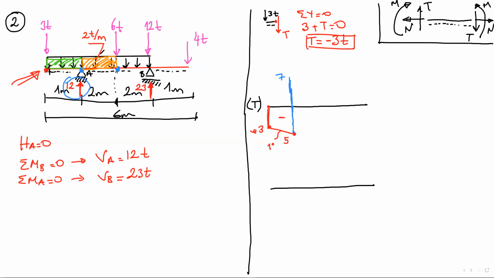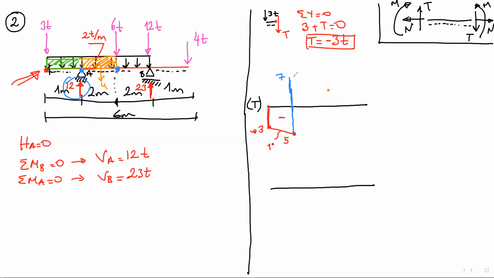What is the total magnitude for this orange portion? 2 times 2, which is 4. 7 minus 4 is 3. Let's say 3 is here.